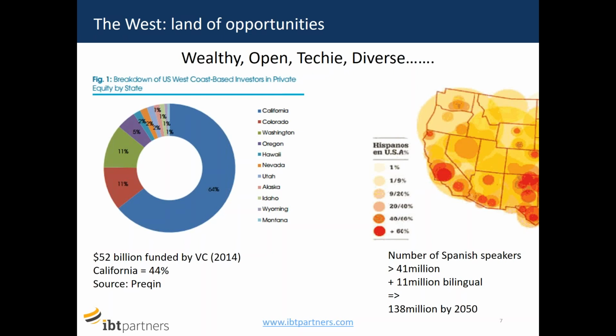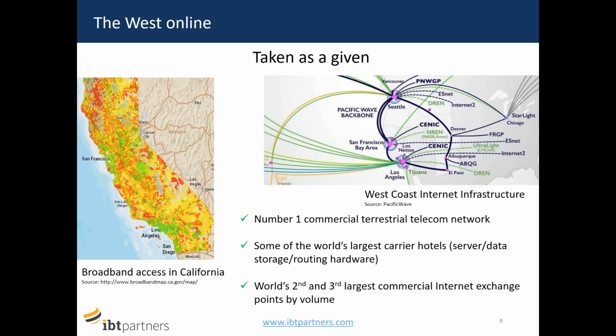There you go. I just want to also add one more slide about the West, just to show you a little bit of some of the things online. This is a slide with lots of colors. It really just wanted to show you the density of broadband access, which reflects how ubiquitous the internet is on the West Coast.